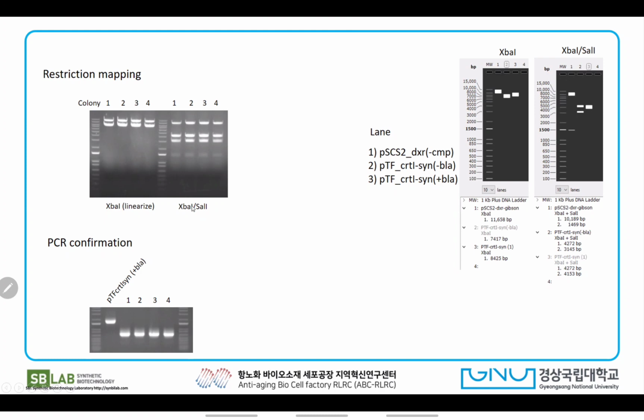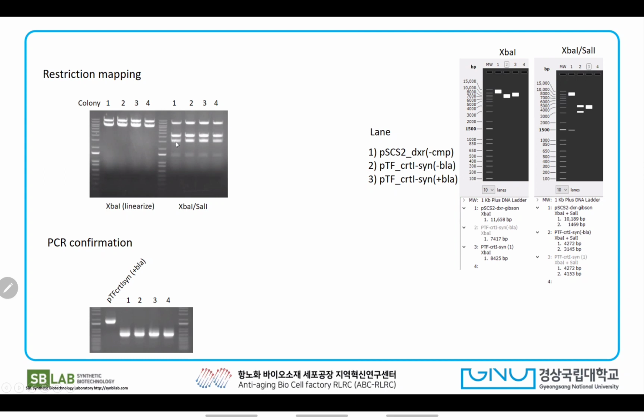In the XbaI and SalI digestion, PSCS will give 2 bands, the biggest band and another at 1.5. As we see here, these 2 bands belong to PSCS2, and the middle 2 bands belong to PT phytofluin.